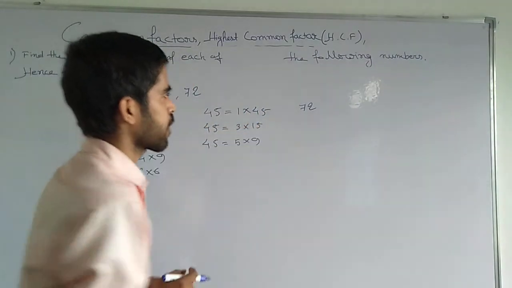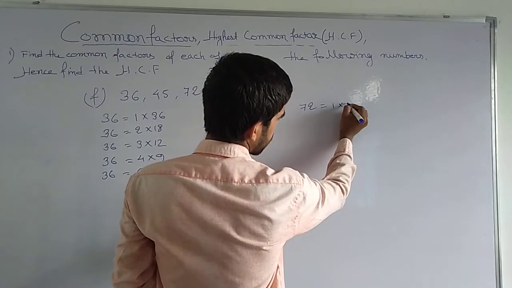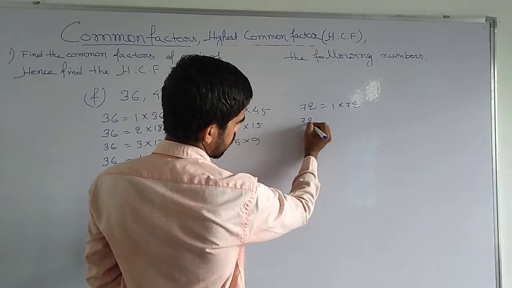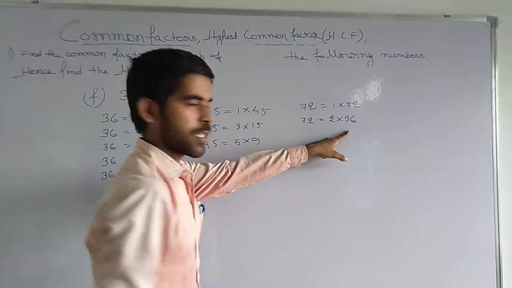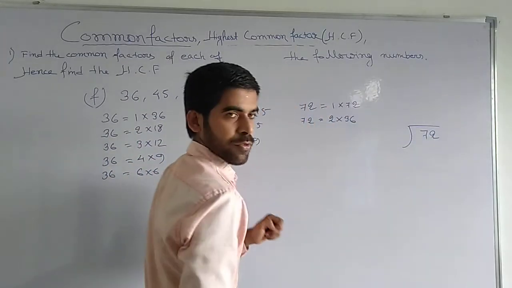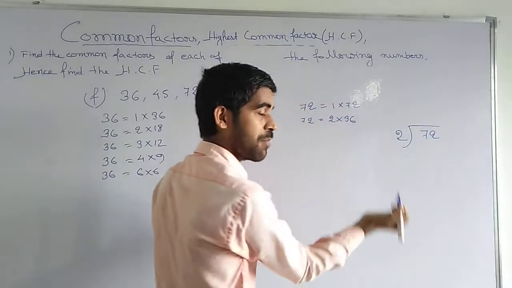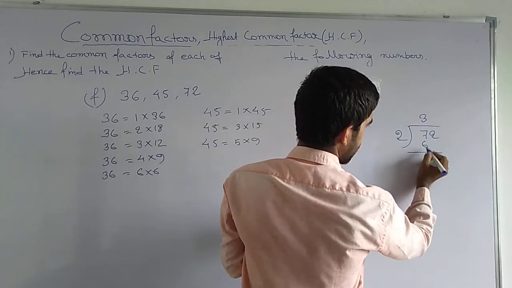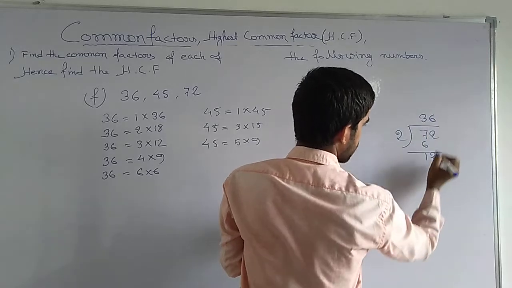1 into 72. Now 2 into 36. If you don't know the 36 table, you write it like that: 72, divide by 2. 2 how many times in 7? 3 times, right? 3 twos are 6 and 7 minus 6 is 1. Now it is 12, 2 sixes are 12.